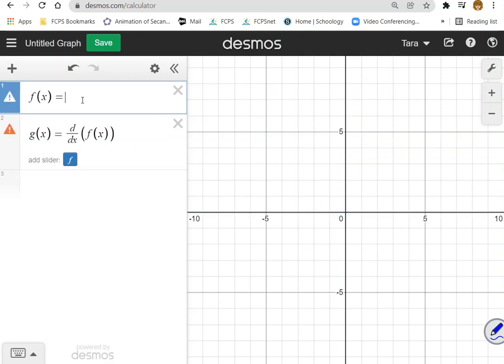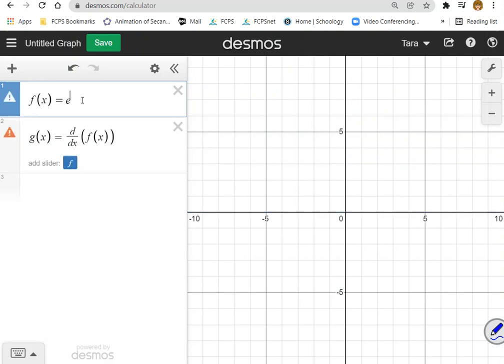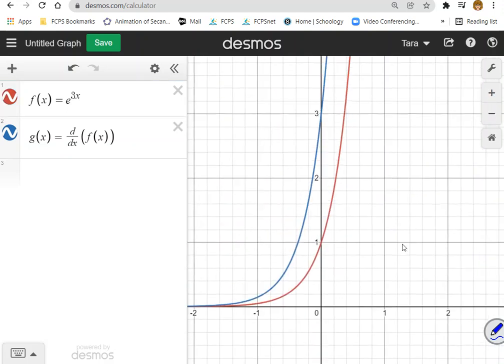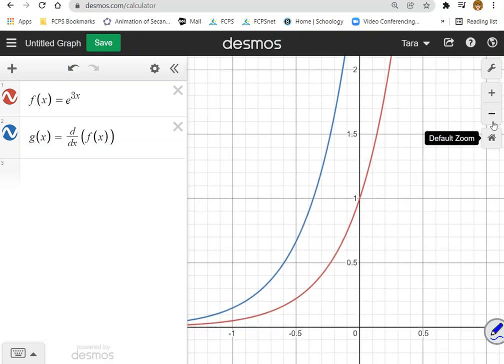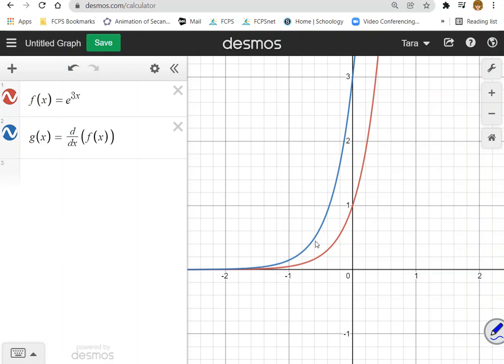So let's see. If I do e to the 3x, let's zoom in a little bit on that. The derivative, the blue guy, still looks like an e. It's got basically the same sort of shape, but on the original function, it goes through 0, 1.